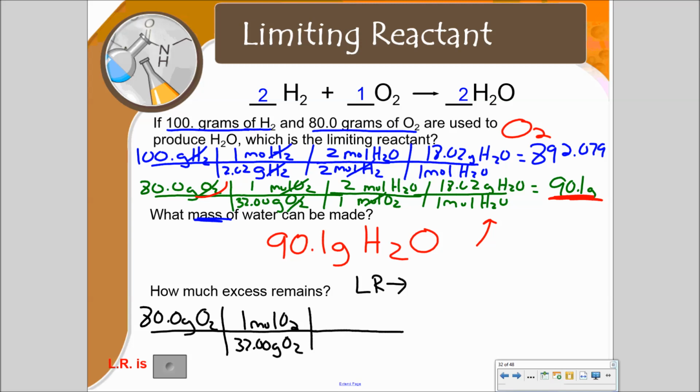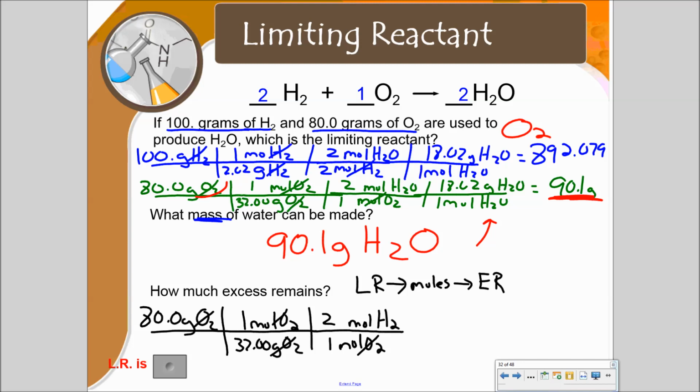And this time from the limiting reactant, we're going to go to moles, and then we're going to go to our excess reactant. So we do our mole ratio, and we're trying to get to hydrogen, which is our excess, and it's a 2 to 1.